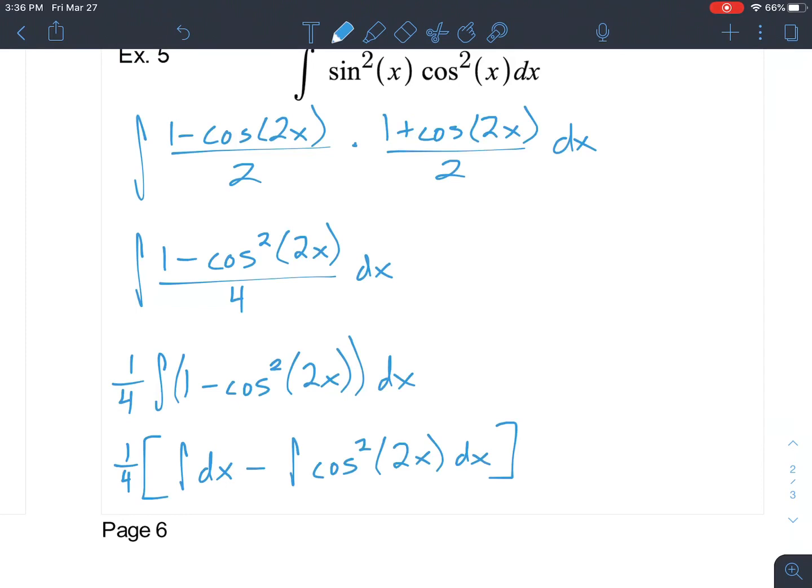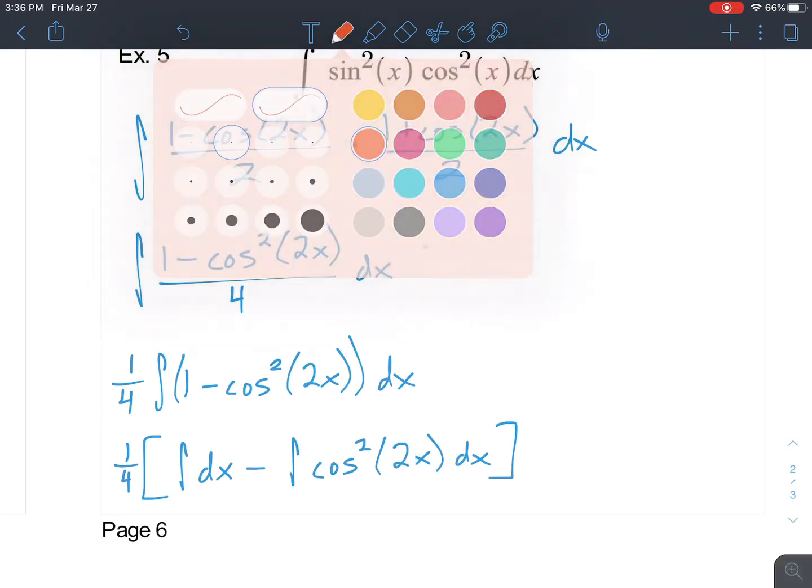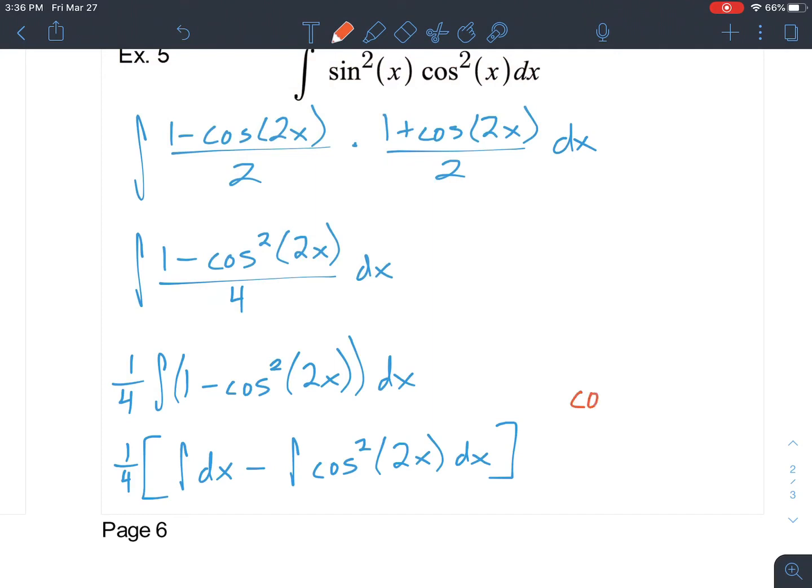We're going to have to make another substitution, just like what we did up there at the beginning for cosine squared. Now we do have to be a little careful. This time we happen to have a 2x, so it's important for us to know this. Cosine squared of ax is going to be the same thing as 1 plus cosine of 2ax over 2.